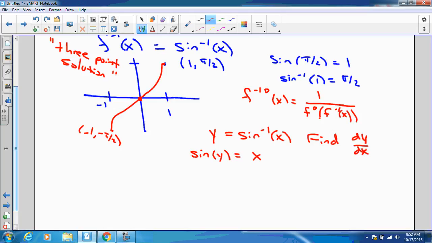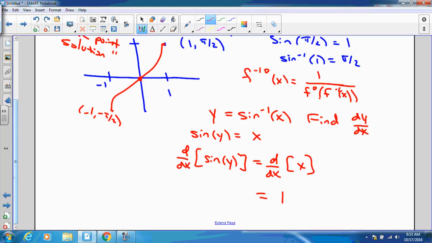If y is inverse sine of x, that automatically means that x is the sine of y. That's what you're doing. This is the graph of the inverse of sine, and this is the relationship that obtains between the variables. Now if I take the derivative with respect to x on both sides, easy side first, that's 1.